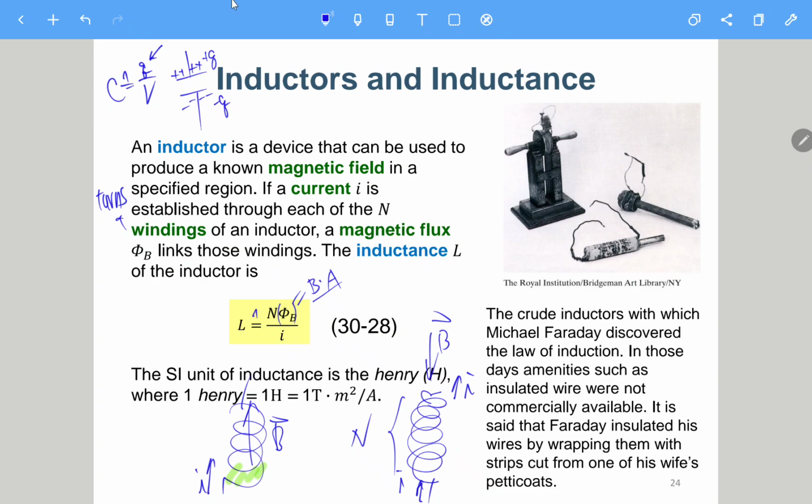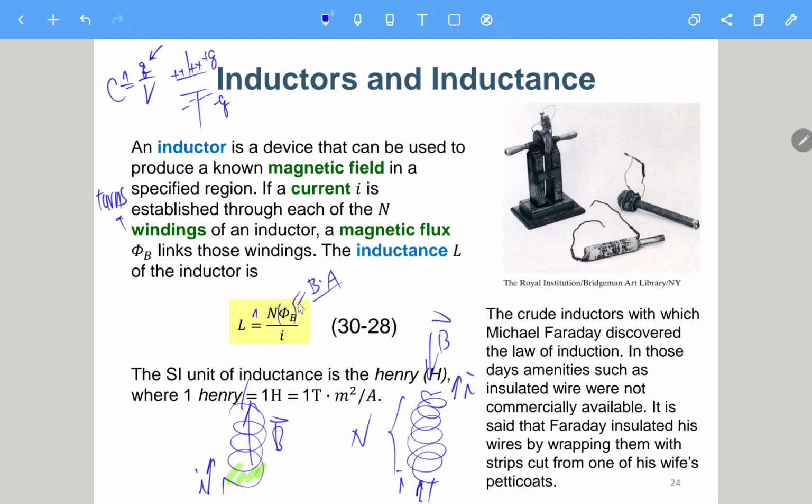So in this case, if we provide some voltage, it will have some charge. This charge is proportional to the V, so we use Q over V as the definition of the capacitor. Here, if we provide some current, it will generate some magnetic flux. This flux is proportional to the current.